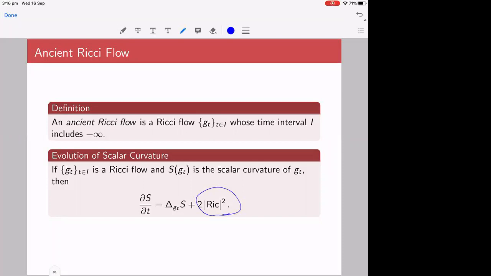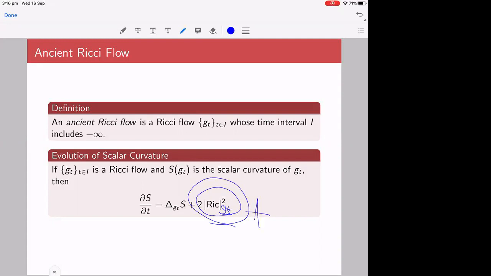And this norm is usually taken with respect to your Riemannian metric as well. One of the first important things that helps us try to classify ancient solutions is the observation that this term is actually always positive. Now, why is that interesting?